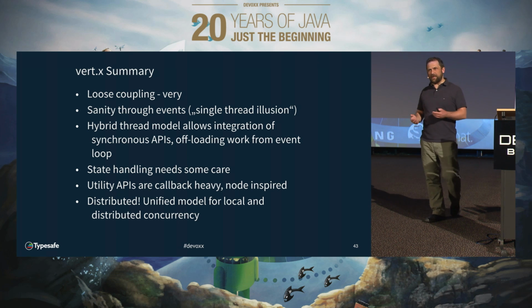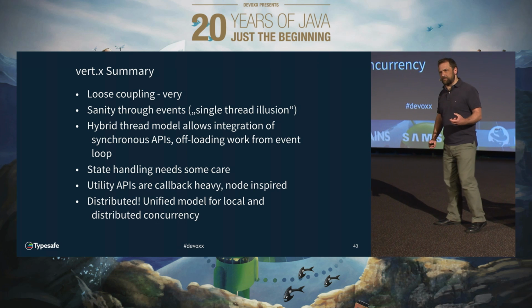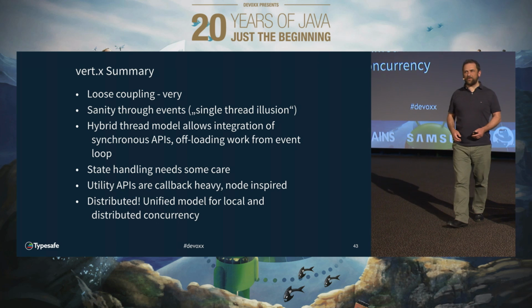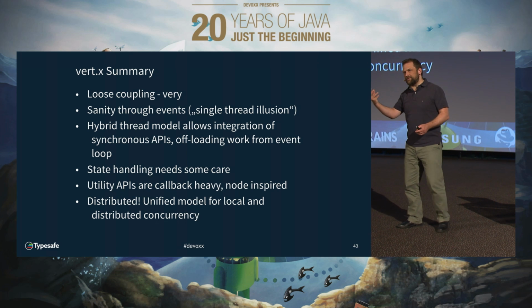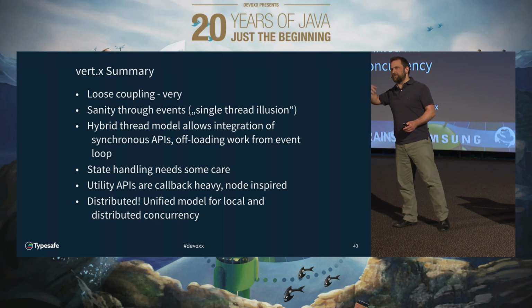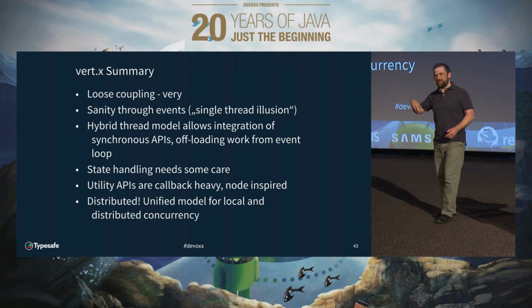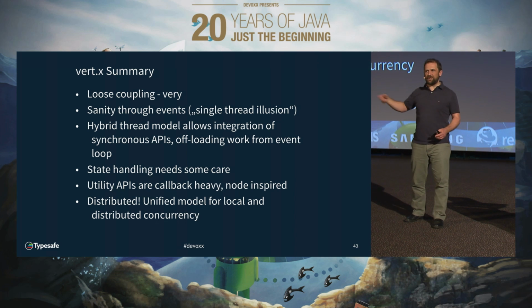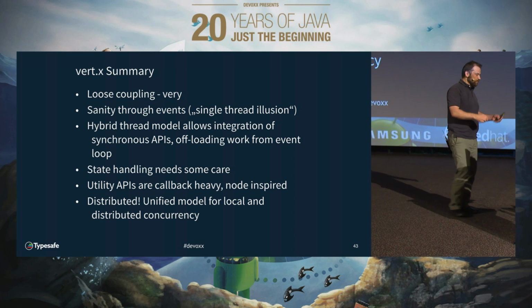And this is a very powerful feature, because you have a unified model now. If you do thread-based programming, you're going to have multi-threading in your local environment, and then if you want to go across the network to another machine, you have to use something else. You have to use messaging, or you have to use a REST call, HTTP, RPC, or what have you.